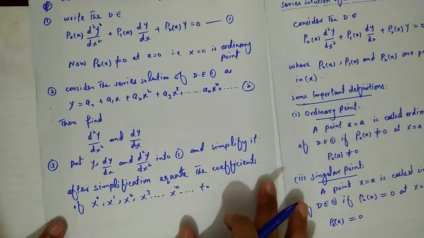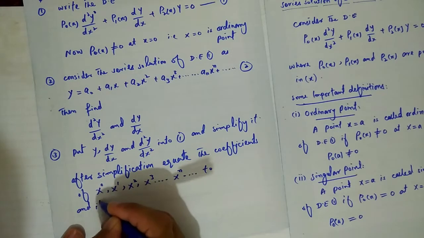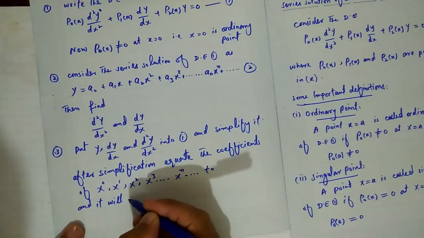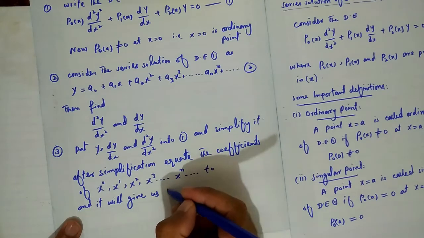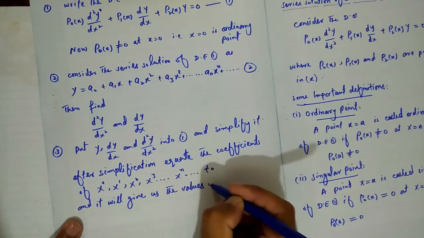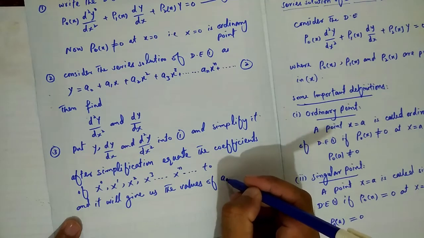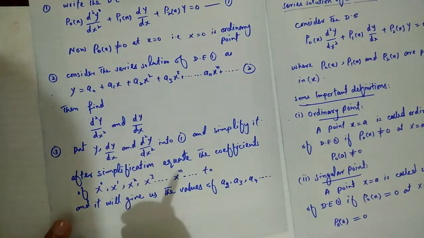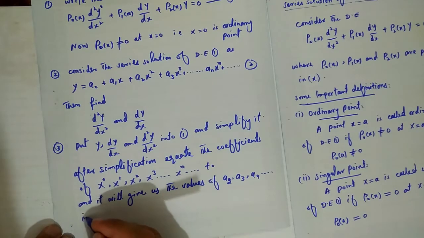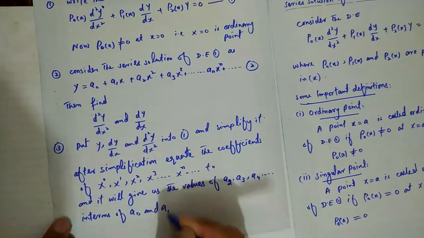So by that we will get the values of a2, a3, a4 and so on in terms of a naught and a1.